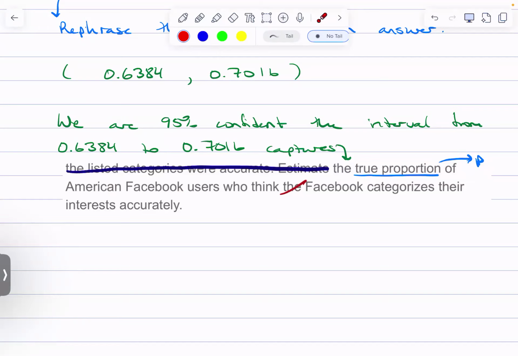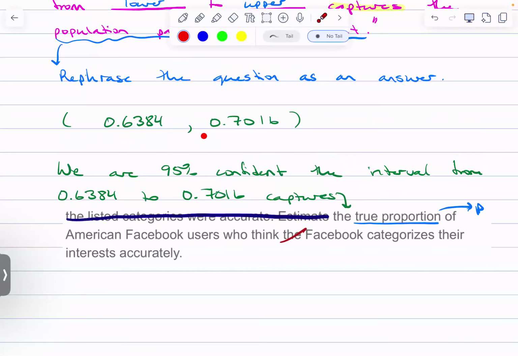And if they were presented with a list of categories that should represent them, they can say, yes, that represents me, or no, it doesn't. So it is out there, we just don't know what it is. And that's why we're only 95% confident. We're trying to capture this thing.